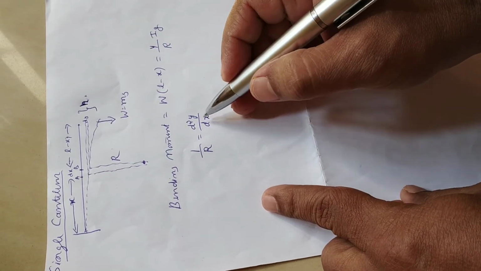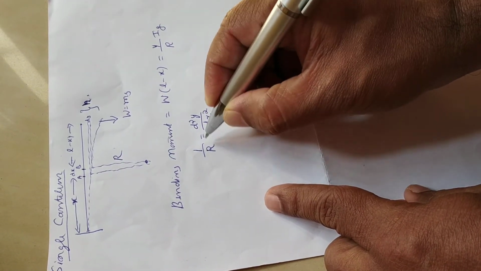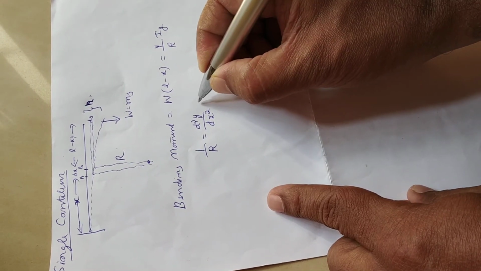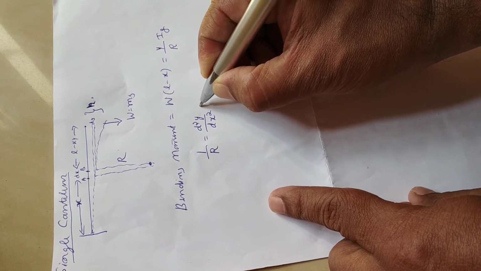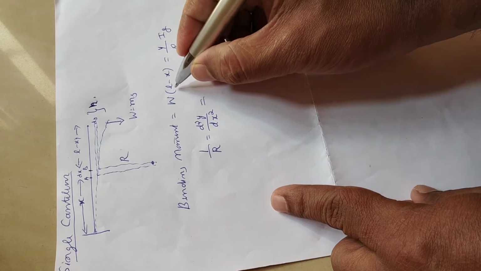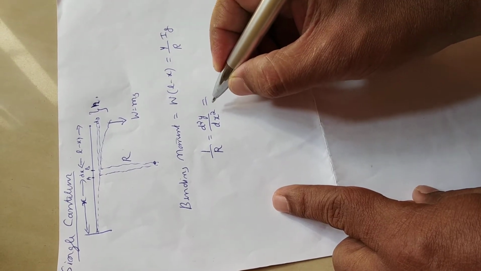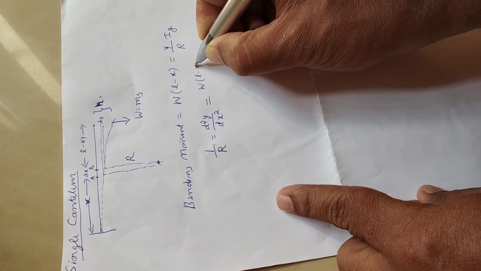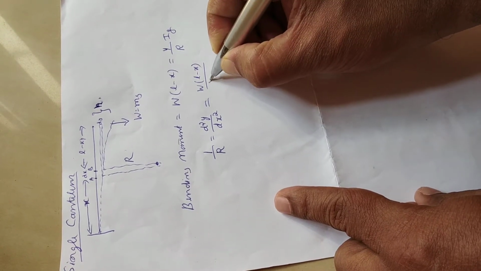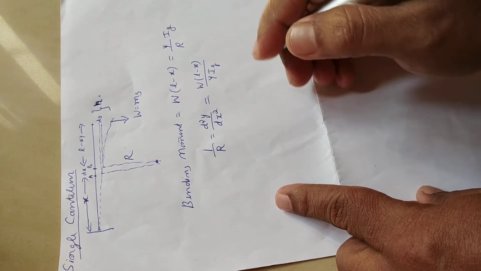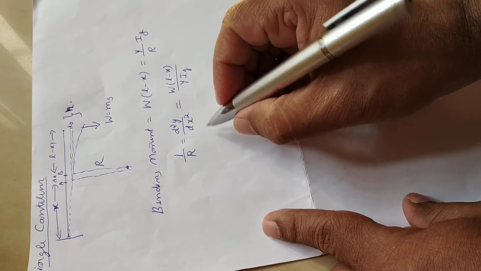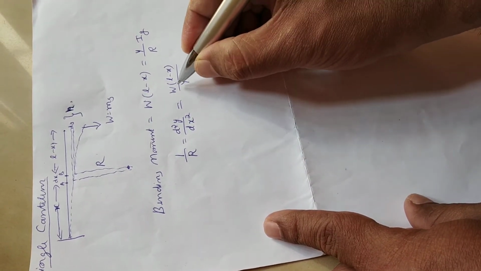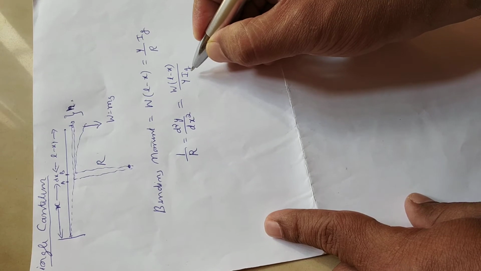So d square y by dx square is equal to 1 by R. Now I am going to equate it to the previous equation. We can write it as W into (L minus x) divided by Y Ig. So now I have d square y by dx square is equal to W into (L minus x) by Y Ig.